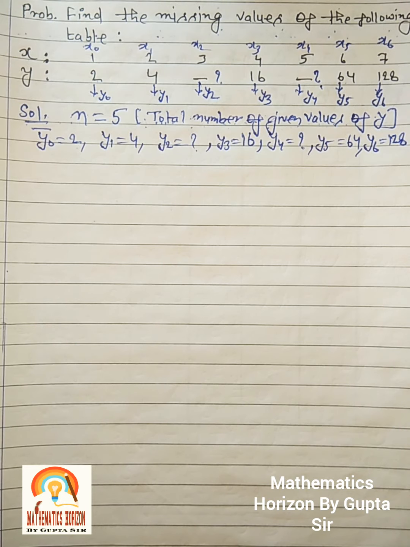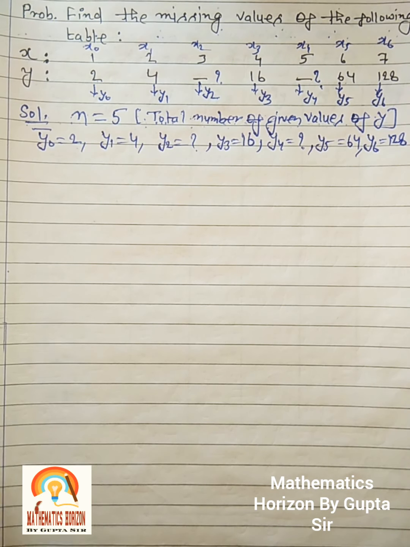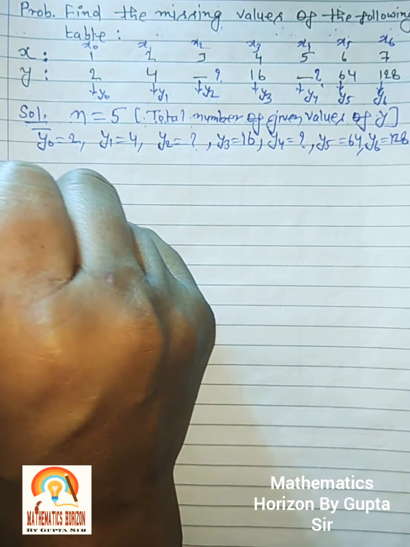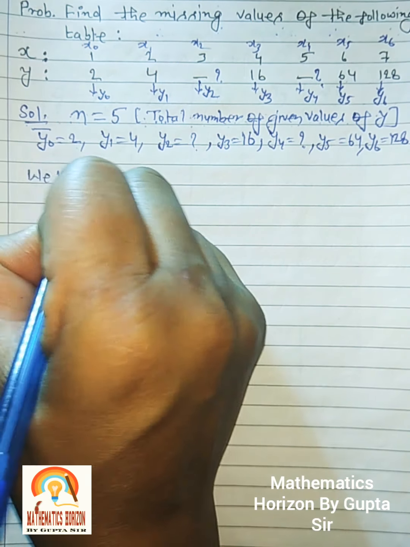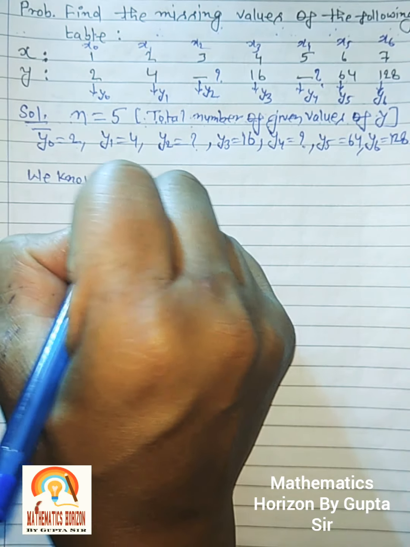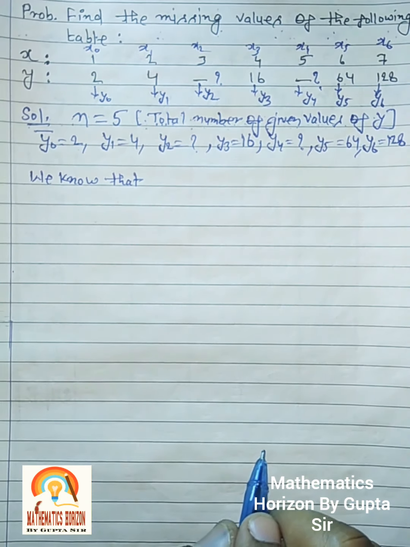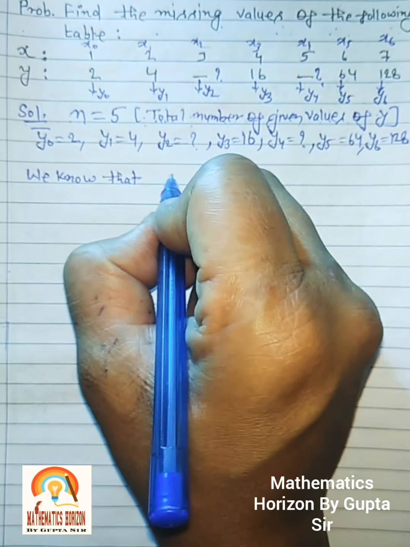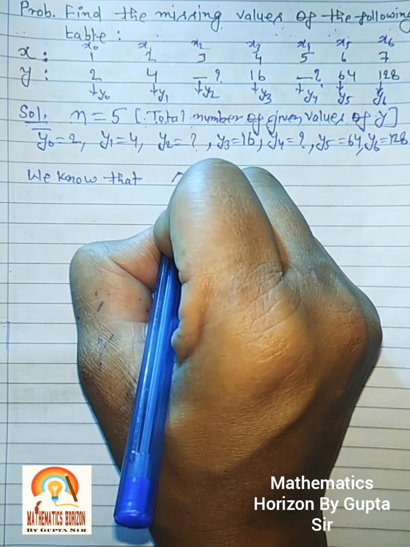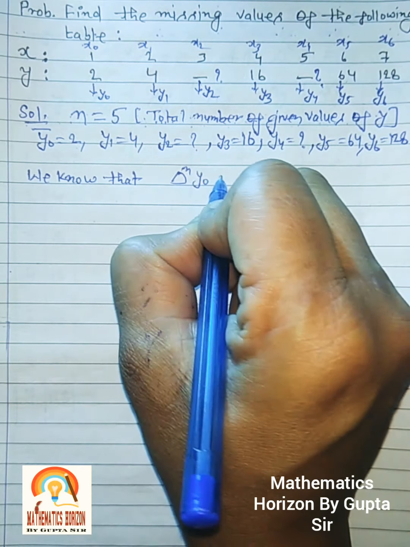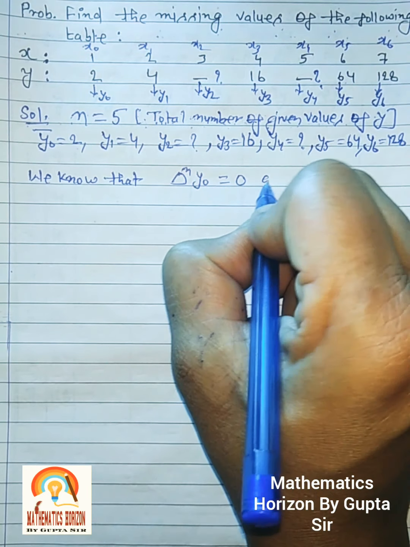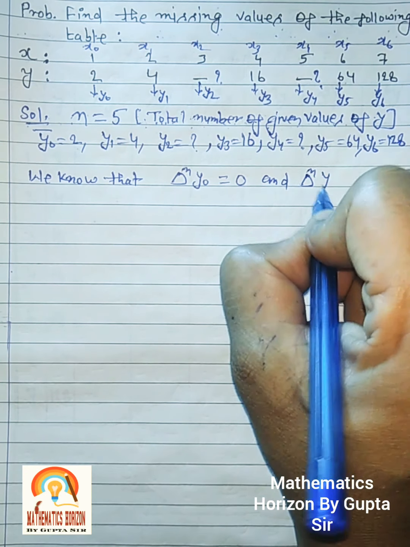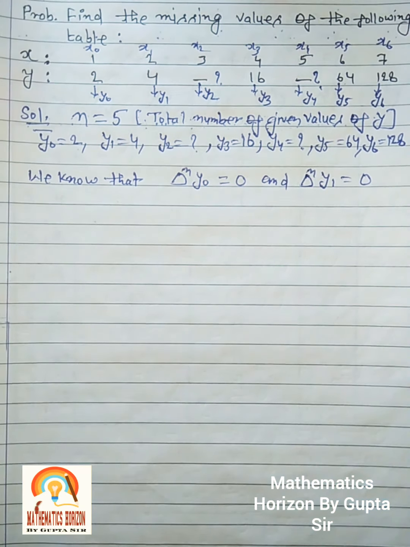Now, by the Newton binomial formula, for two missing values, we have the formulas del n y0 equal to 0 and del n y1 equal to 0.